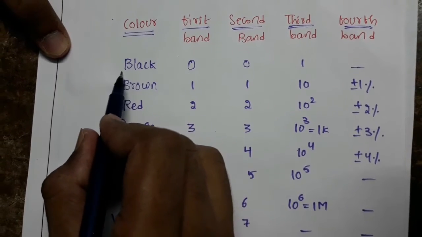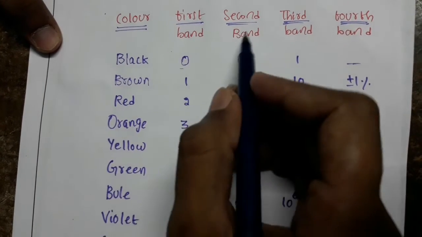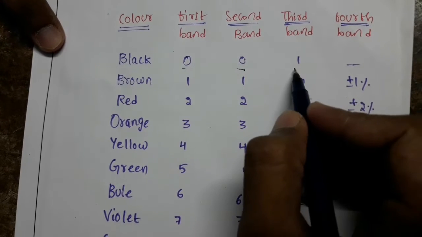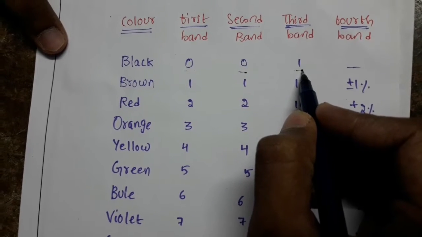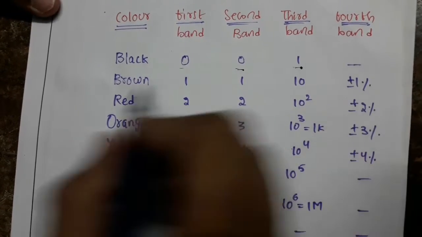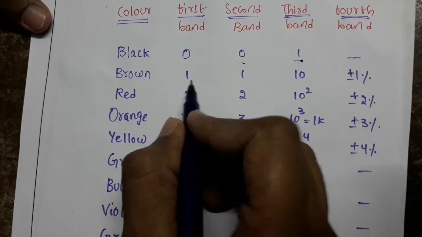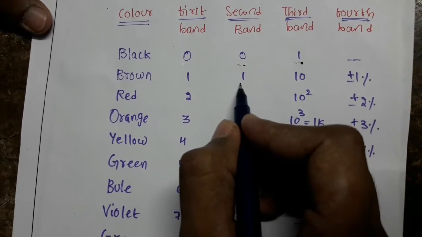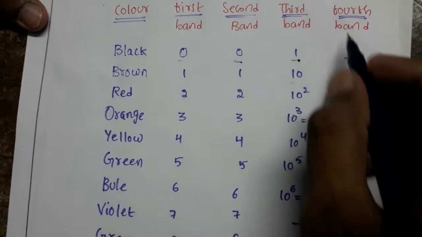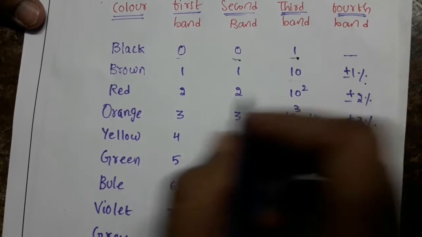In this we have black. If we take the first band, its value is 0. The second band, its value is 0, and the third band is multiplied by 1, and the fourth band has no value for black. Coming to brown, the first band has a value of 1, the second band has a value of 1, the third band has a value of 10, and the fourth band has a value of plus or minus 1%.